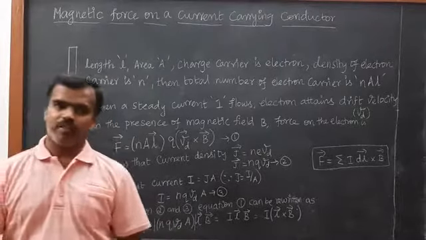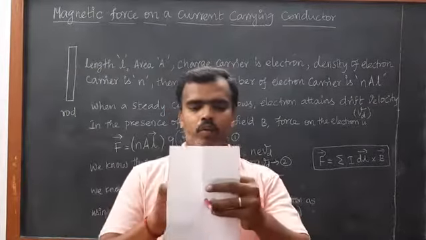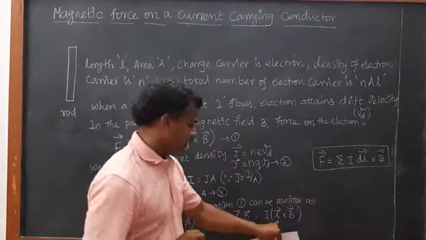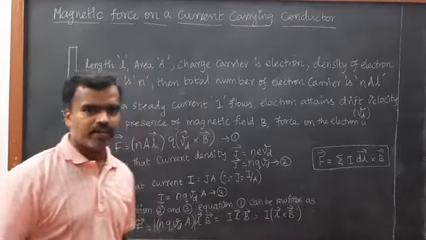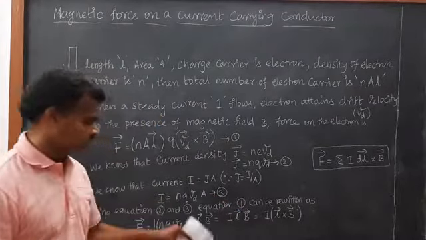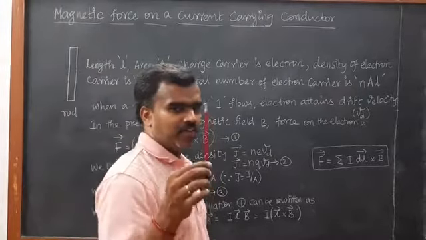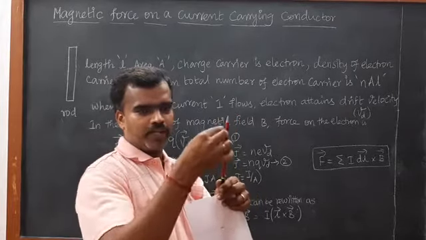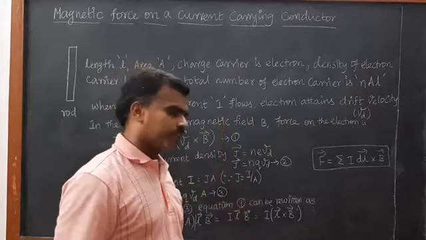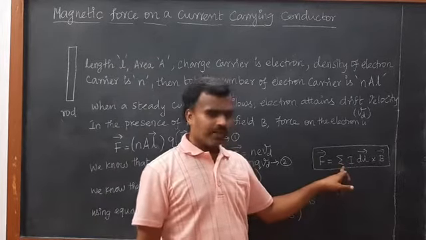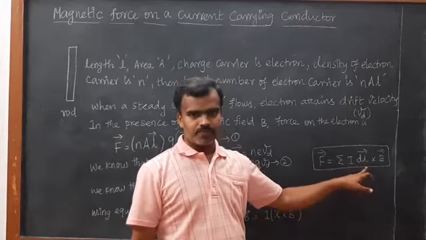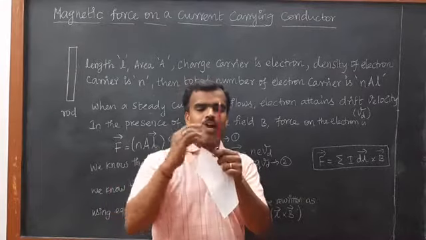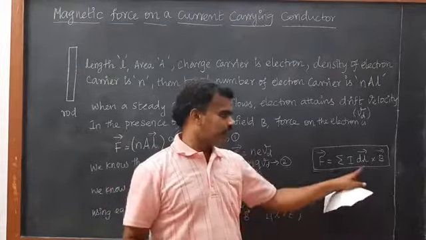Why am I saying vector product? Whenever the current and magnetic field are in perpendicular directions, we write L cross B, where L is the length of the rod and B is the magnetic field. Generally the rod is divided into small parts, so we need to sum them up. So F vector is equal to the summation of I dl vector cross B vector, where dl is a small part of the length.